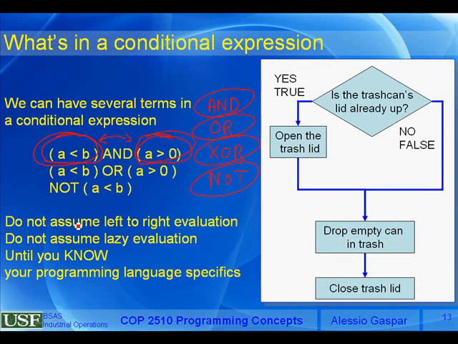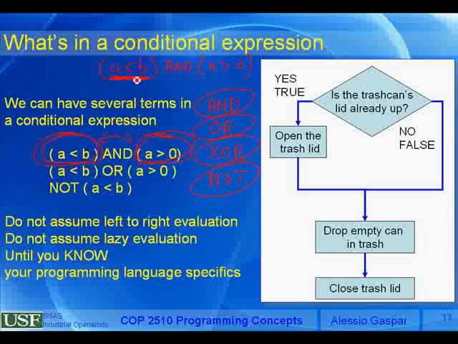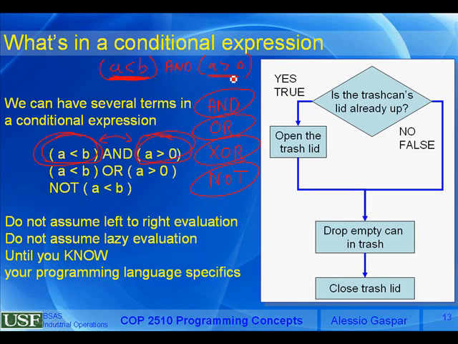To be able to evaluate if, for example, A lesser than B is true or false, you just need to look at the value of A, the value of B, and compare them. To be able to evaluate if A lesser than B and A greater than 0 is true or false, you need to first examine A lesser than B and determine if it's true or false, then determine if the second term of this Boolean expression is true or false: is the value inside of variable A actually greater than 0 or not?